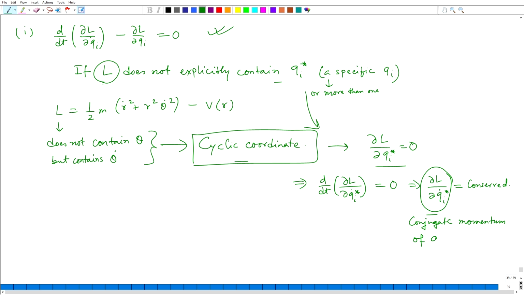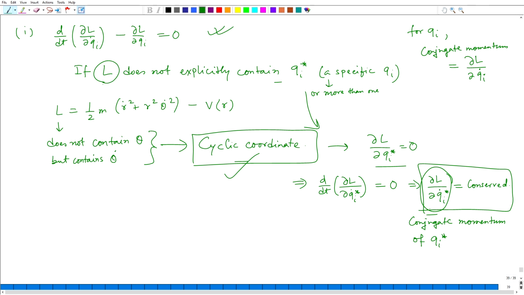of the coordinate Qi star. So, for any generalized coordinate Qi, the conjugate momentum is given by del L del Qi dot. So, if Qi or Qi star is a cyclic coordinate, its conjugate momentum is conserved.